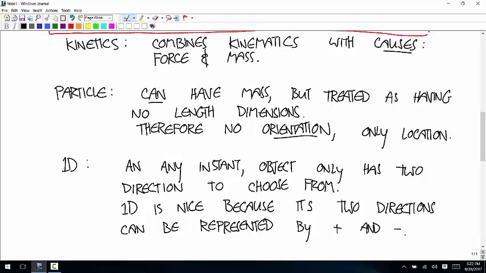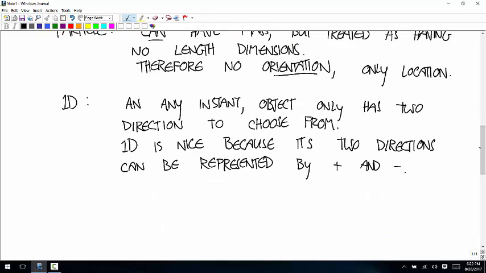We'll see when we get to 2 dimensions, and it's also true in 3 dimensions, this particle here that has infinitely many directions it can go, there's still only one positive and one negative. So that's not going to work for describing directions here. We're going to need something more complicated.